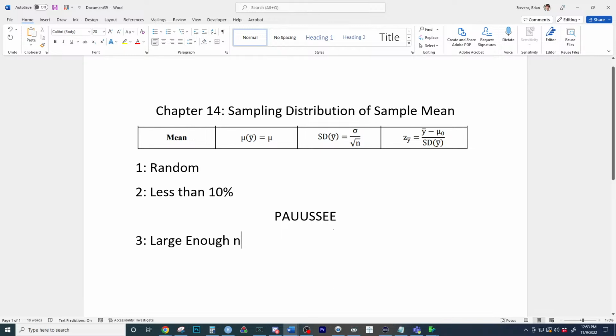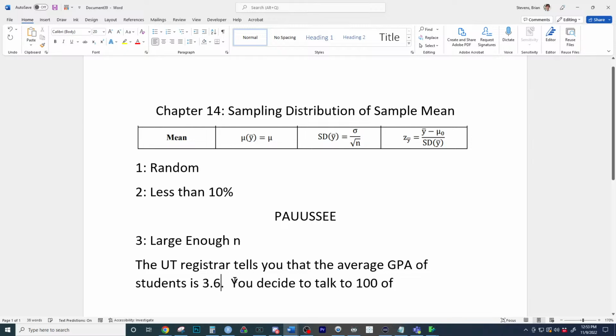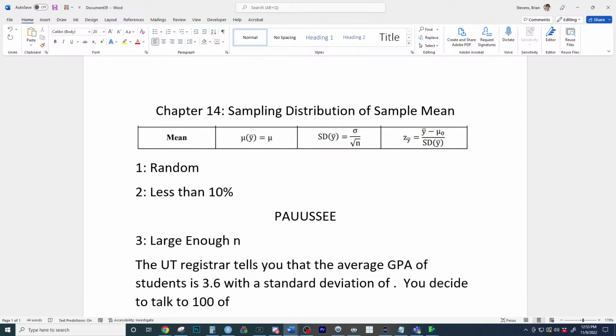So we're going to do an example right here where we go through this, and let's see if we can solve this question. The UT registrar tells you that the average GPA of students is 3.6, with a standard deviation of 0.5, and it is very left skewed.